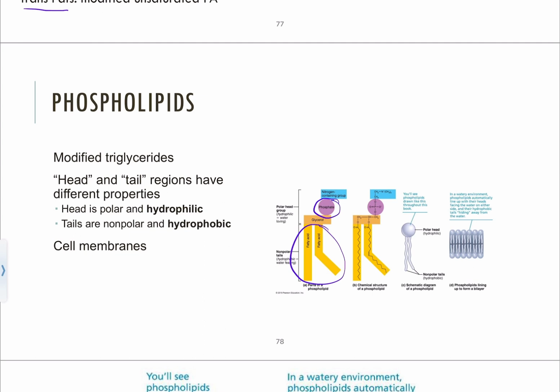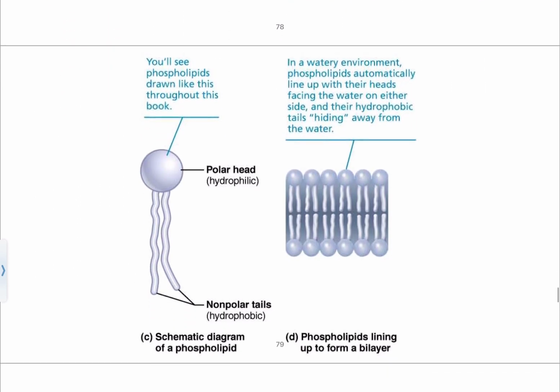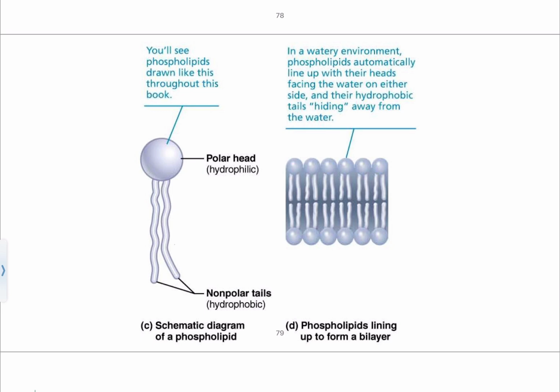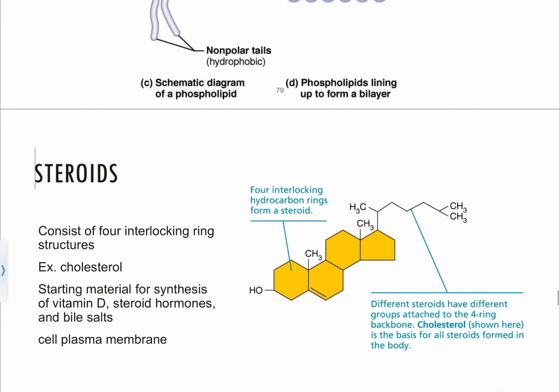We already talked a little about this when we discussed the plasma membrane of a cell. The head of the phospholipid is polar or hydrophilic, meaning it loves water, and the tails are nonpolar and hydrophobic. So again, here's a polar head, 2 fatty acid tails, and a phosphate group.